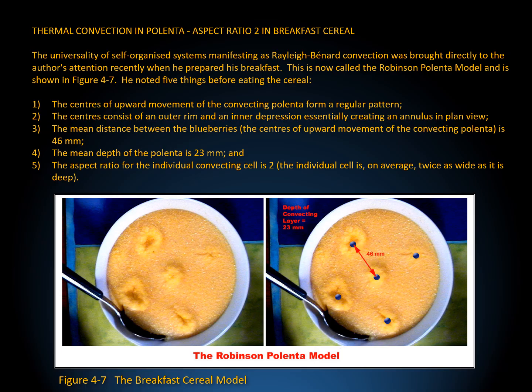The mean distance between the blueberries, the centers of the upward movement of the convecting polenta, is 46 millimeters. 4. The mean depth of the polenta is 23 millimeters. And 5. The aspect ratio for the individual convecting cell is 2. The individual cell is on average twice as wide as it is deep.